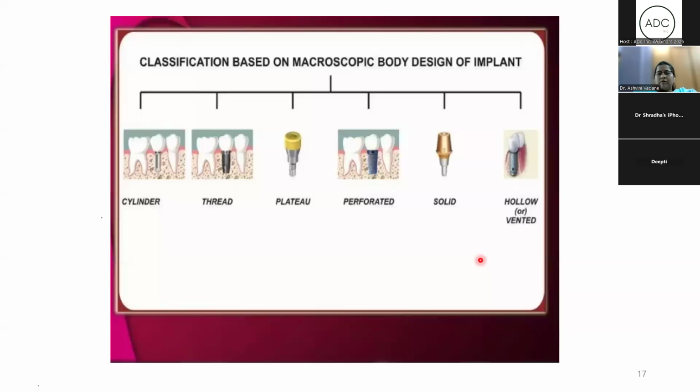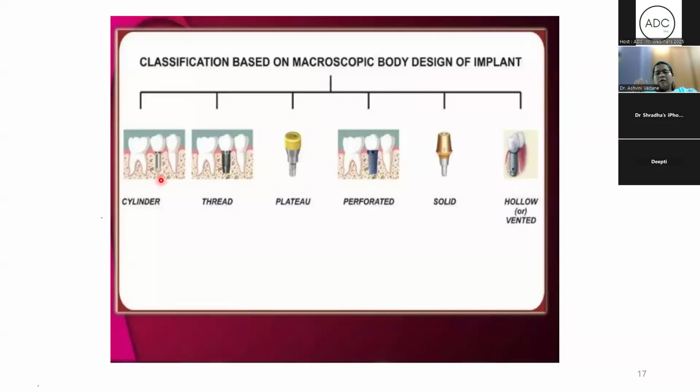Then the fourth classification is based on the macroscopic body design of the implant. So we can see in this picture, the first picture, you can see the placed implant, it is cylinder shaped. So that's why it is the cylinder shaped implant.